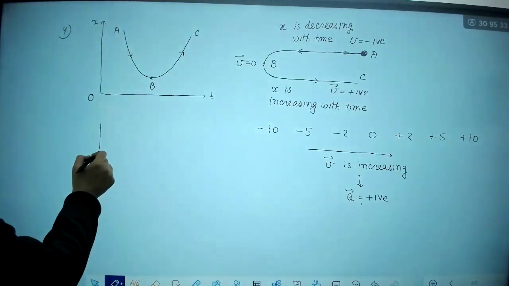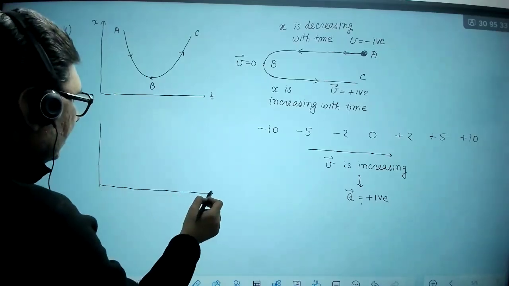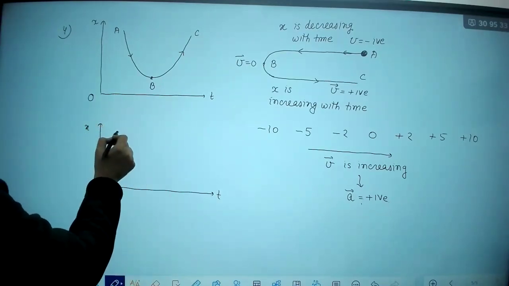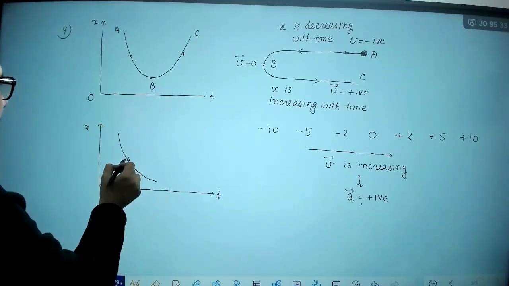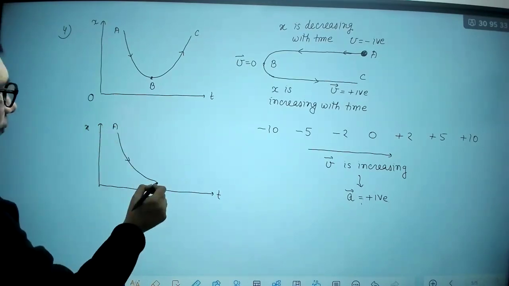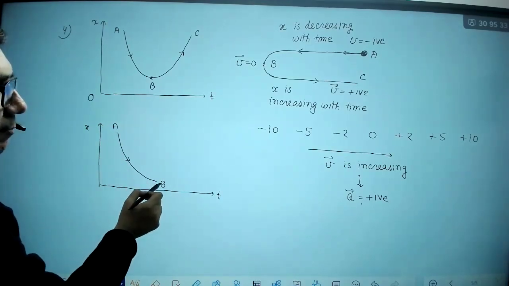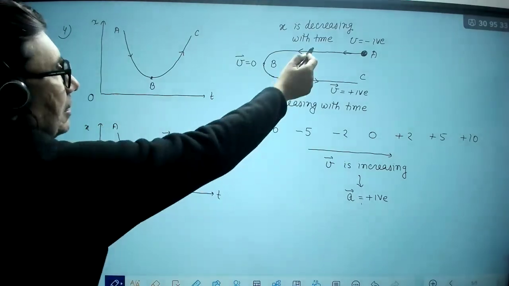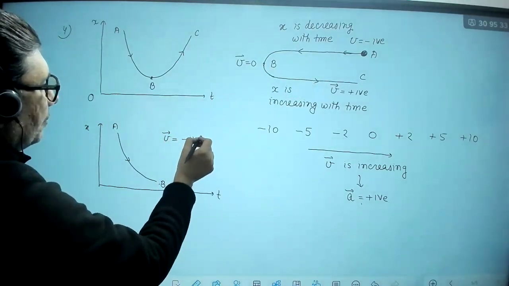Now I want to find out where is the accelerated zone and where is the retarded zone. This is time here. I'm again drawing this. So first, look at this part. This is A to B. If you look at this part A to B, x is decreasing with time. So velocity is negative in this part.